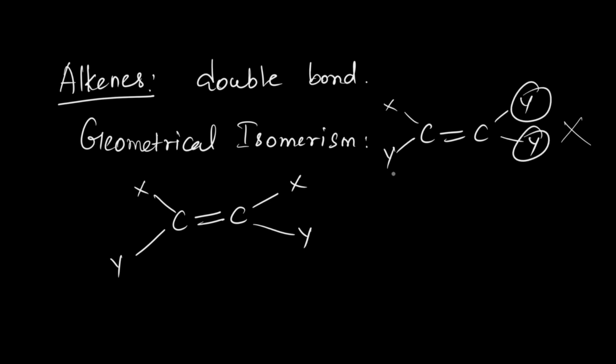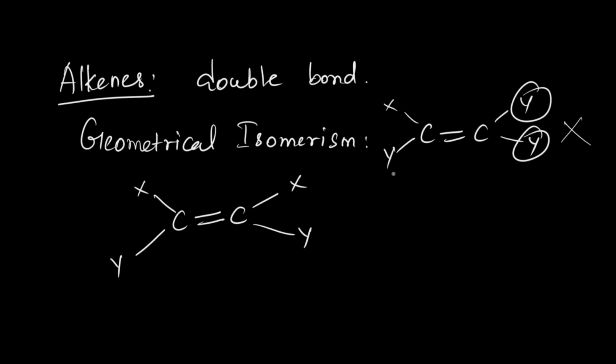The two groups attached to one carbon must be different to exhibit geometrical isomerism, which is super important. Some questions can be asked to find which of the following can exhibit geometrical isomerism. So please be careful with this part.